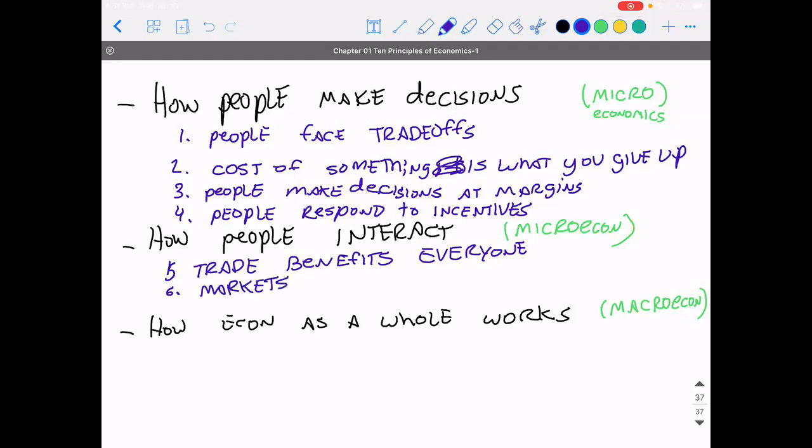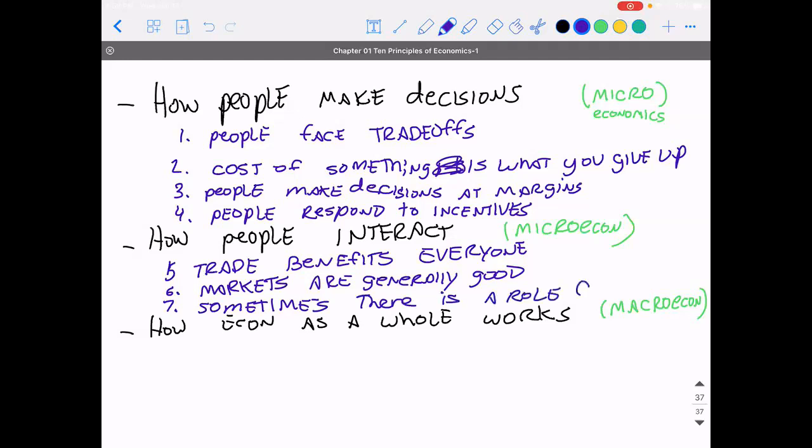Then that markets are generally speaking good, but that also sometimes there's a role for the government.